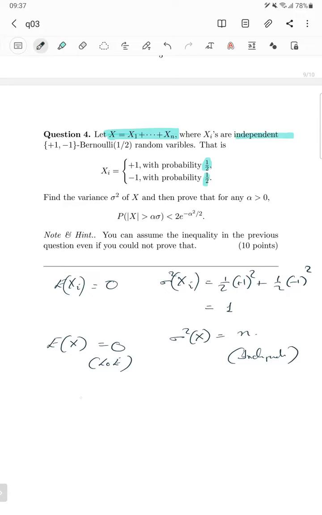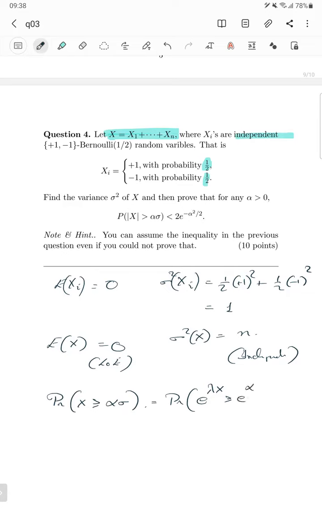Let's at least analyze first one side of it. The probability that x is at least alpha sigma is where the moment generating function comes in. Expectation of e raised to lambda x is the moment generating function, but we need not use that terminology. We can directly compute this.